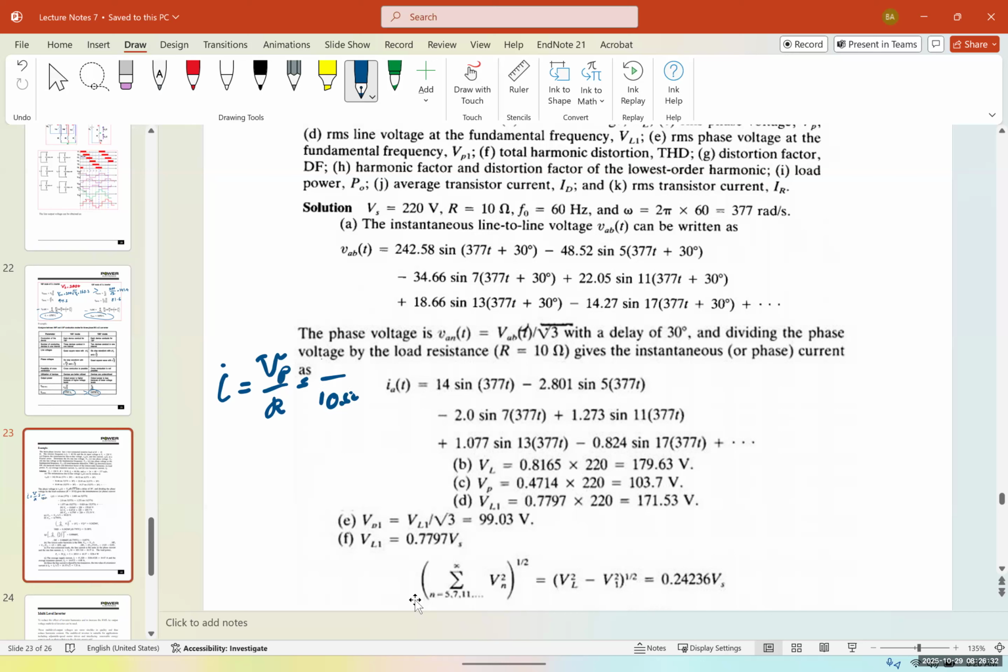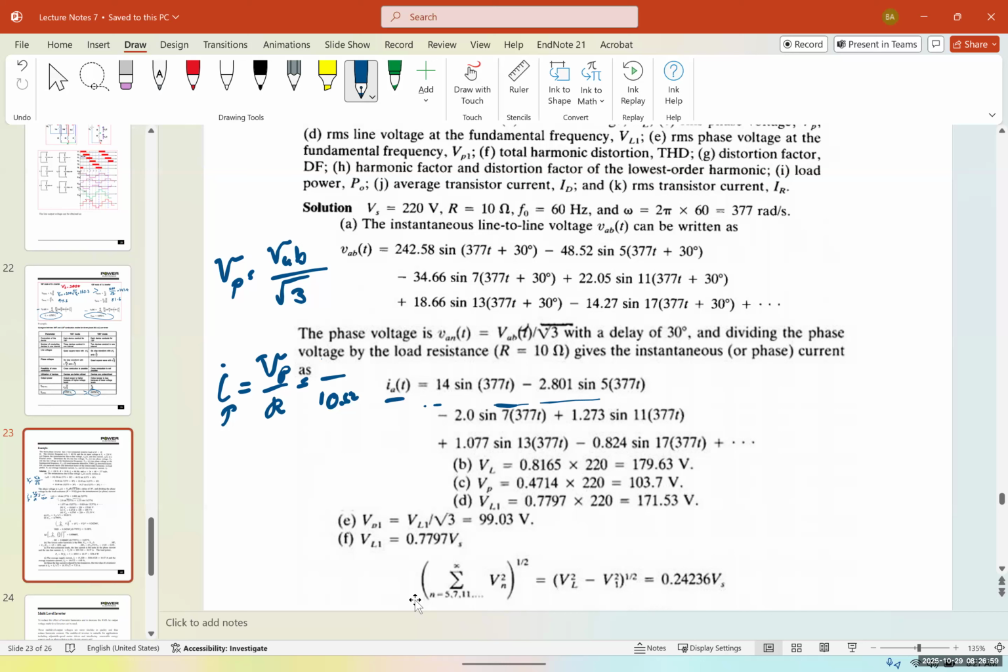So first you can find the phase voltage, and from that you can find the phase current. Again, the phase voltage is going to be VAB divided by square root of 3 with a 30-degree delay, and therefore the phase current is calculated.